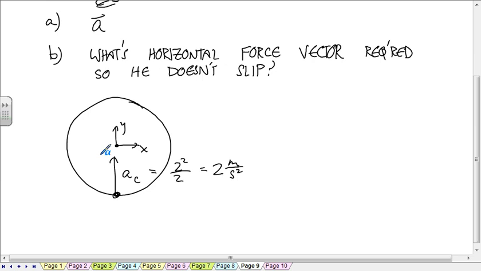Well, that would be the right answer if you were looking at the point when he was over here. But that acceleration changes. Notice that the acceleration vector is changing depending on where he is in the circle. And that tells us that this is the first type of problem we've done in this class where acceleration isn't constant.